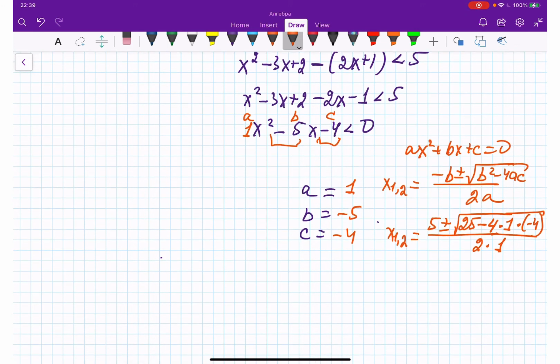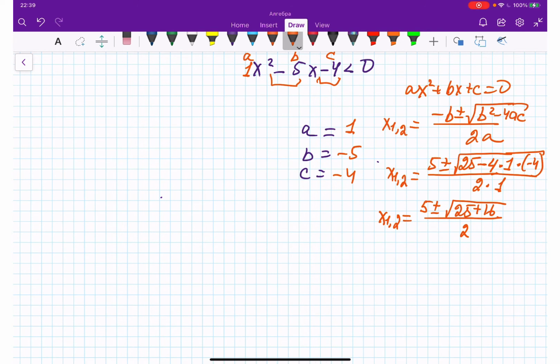Okay, and we get x1,2 is equal 5 plus minus square root 25 plus 16 divided by 2, and we get x1 is equal 5 plus square root 41 over 2. x2 is equal 5 minus square root 41 over 2.